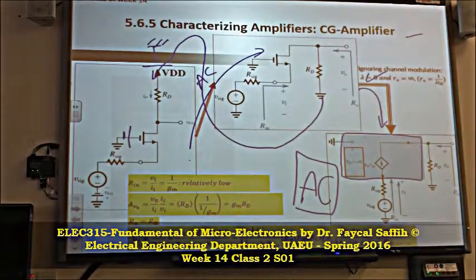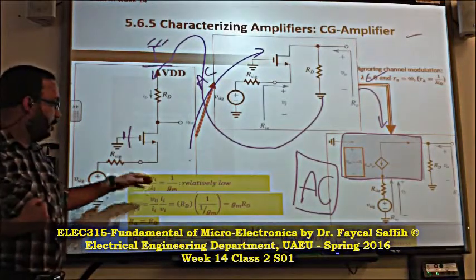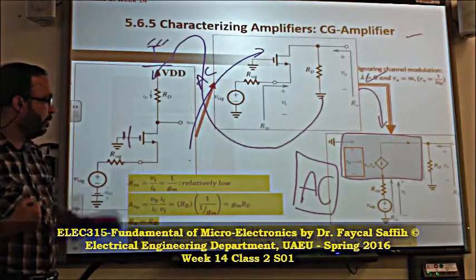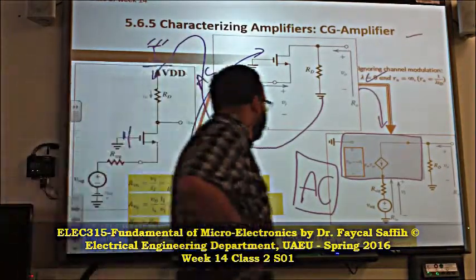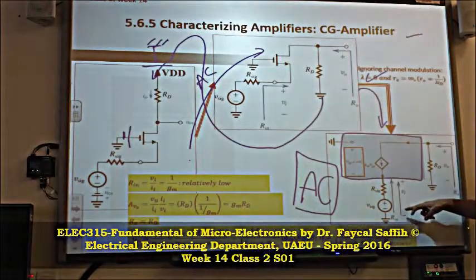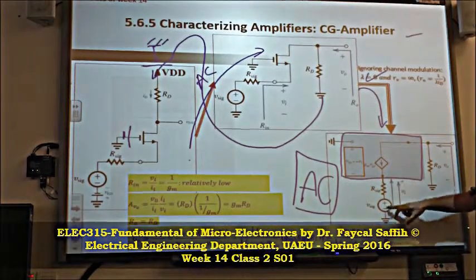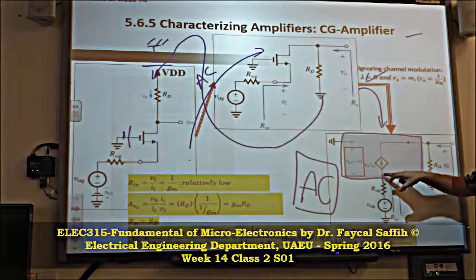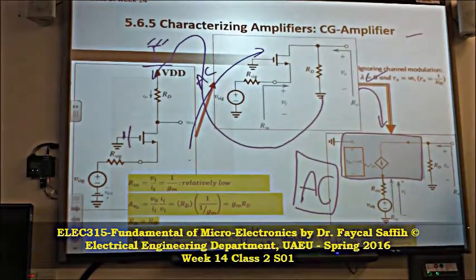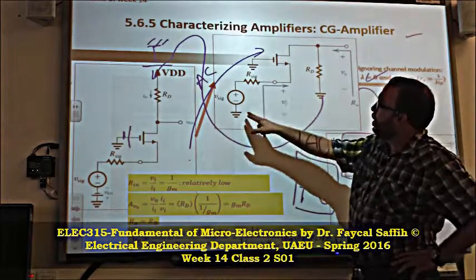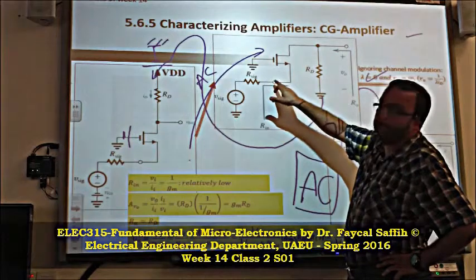So Rin is actually the input voltage divided by the input current. Clear? Let's go. So the input voltage is this voltage. It's not this one, it's this one, because here is where my input voltage is, at the terminal of the transistor.